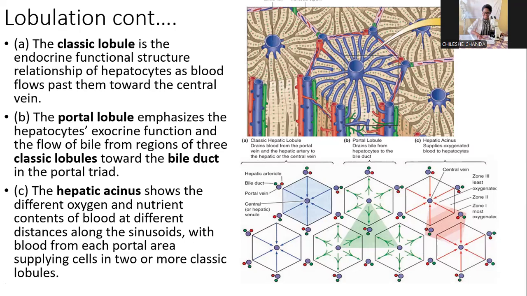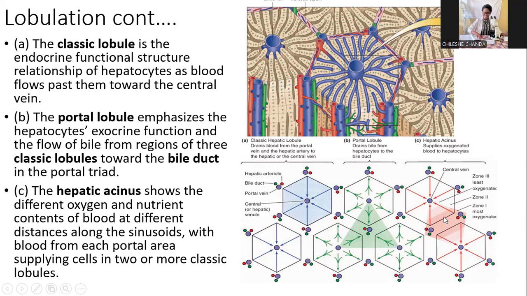And then we have the hepatic acinus. The hepatic acini represent the flow of blood from the arteries. If we take 2 points of arteries from 2 portal triads, and then 2 central veins, we make this diamond shape. This means the hepatocytes near these 2 blood vessels will be supplied with much fresher blood.